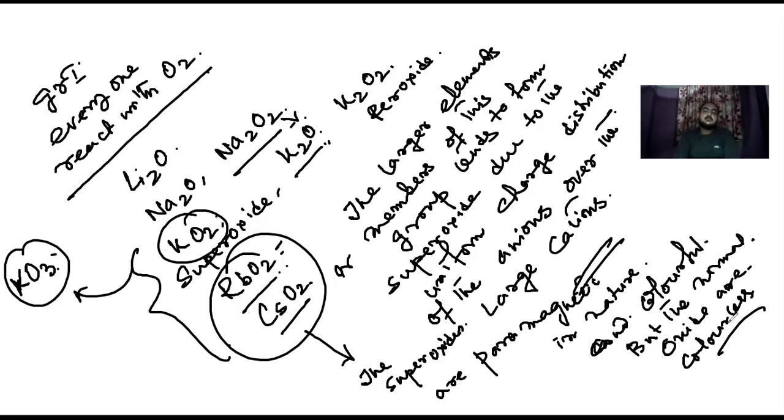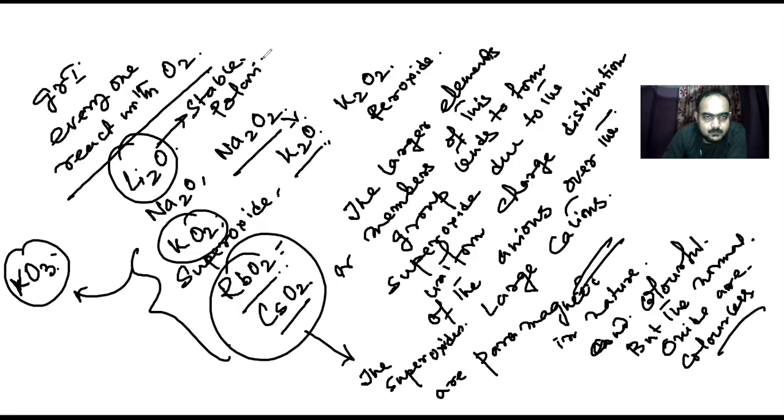So lithium, this kind of property, it is actually stable in nature due to the polarization. So these are the oxides. Then we'll see the carbonates and bicarbonates.